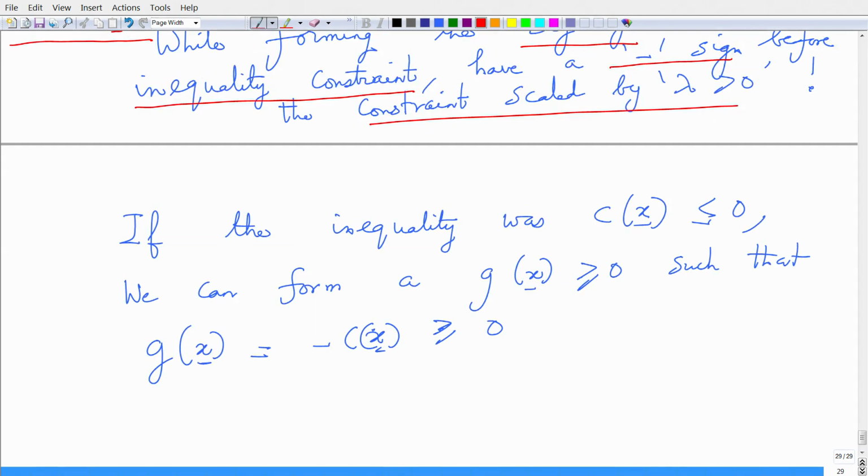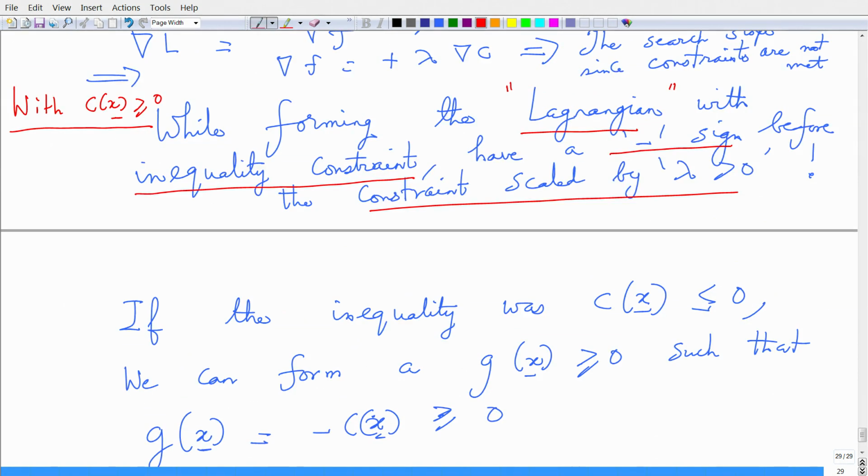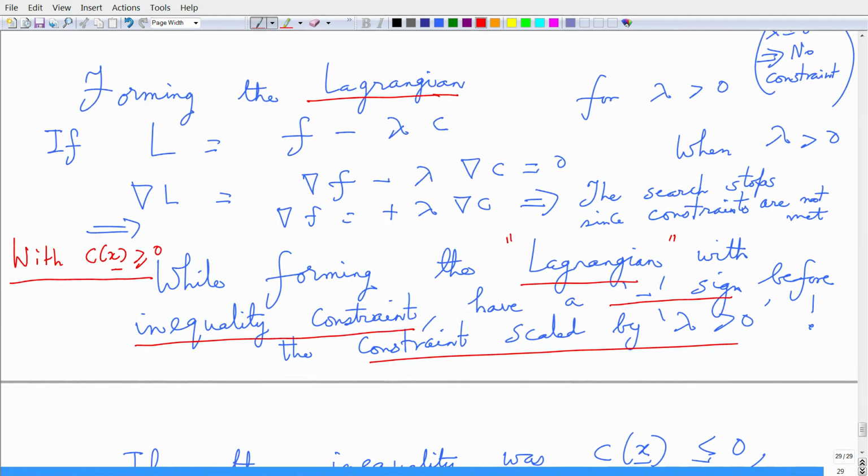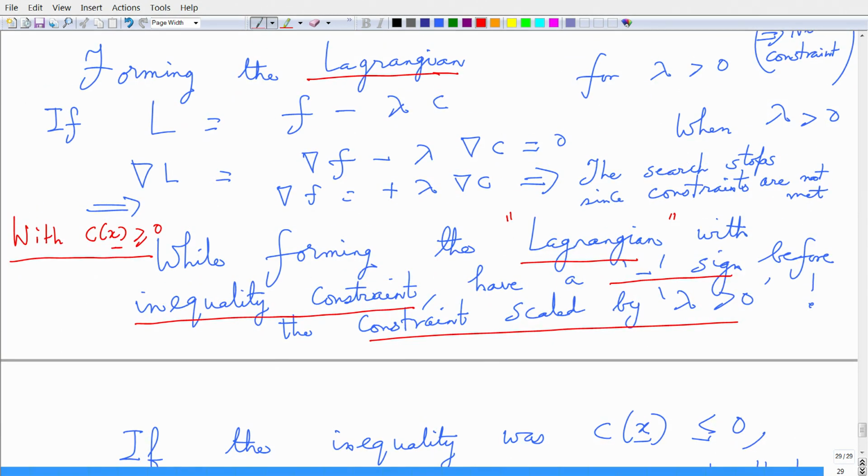So, whether the inequality constraint is less than or equal to 0 or greater than or equal to 0, you can still formulate the appropriate Lagrangian by transforming it into the case c of x greater than or equal to 0, and then put a negative sign in the Lagrangian and proceed with the analysis. This is a very important detail. Hopefully, when we study support vector machines under various equality and inequality constraints, we can see the importance of this result in that formulation.